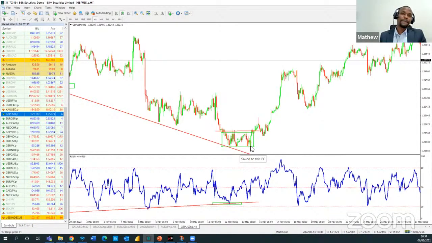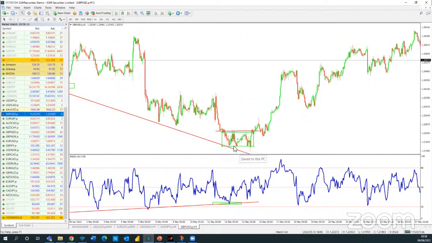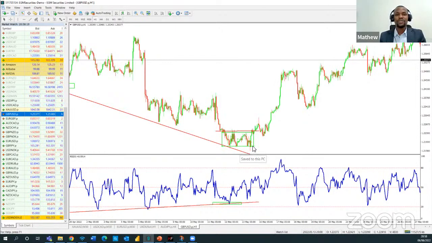Sure. I just want to call your attention to this structure we're having here as well. We look at 1 hour just before you get into that trade, do you realize there's some form of consolidation happening, right? Yeah, there's already a consolidation happening, and that is what you want to consider.